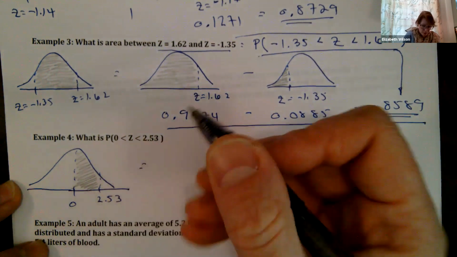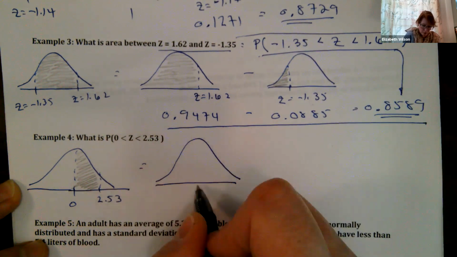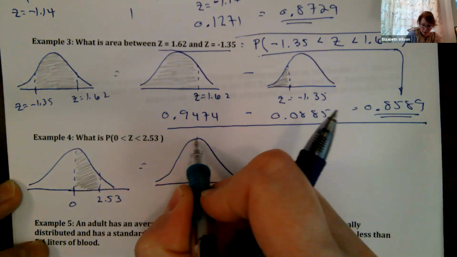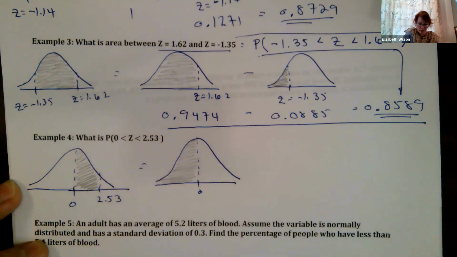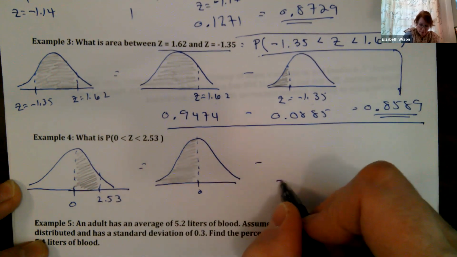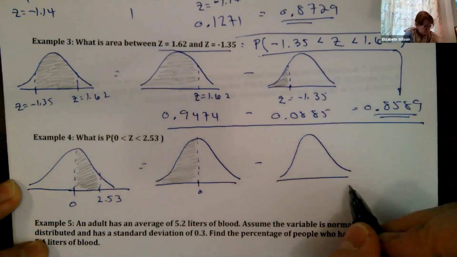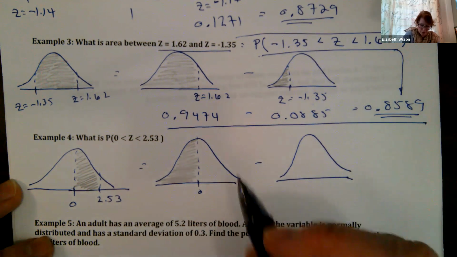So how I want to do this is, here's my 0. I'm splitting my table in half. Remember, the mean on our standard normal graph is at 0. Oops, sorry, I did this backwards.